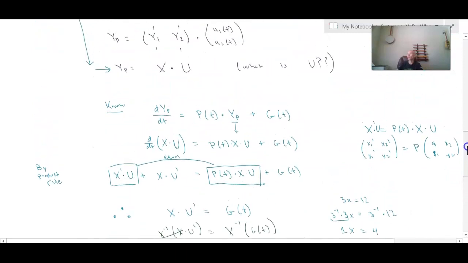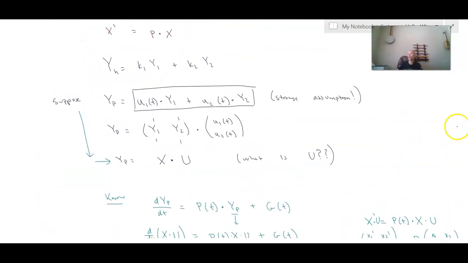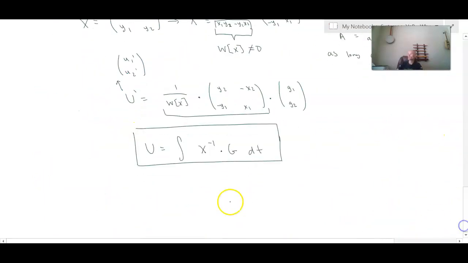What do we then do with them? Well, once we have u1 and u2, we can form our particular solution. Then y sub p equals u1 times y1 plus u2 times y2.